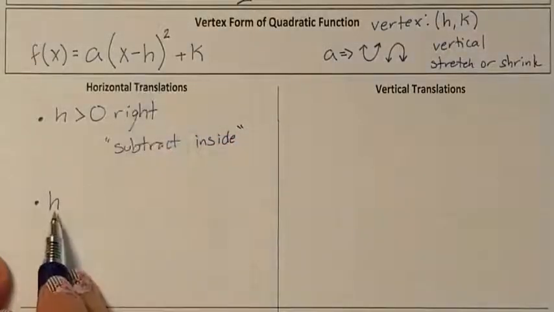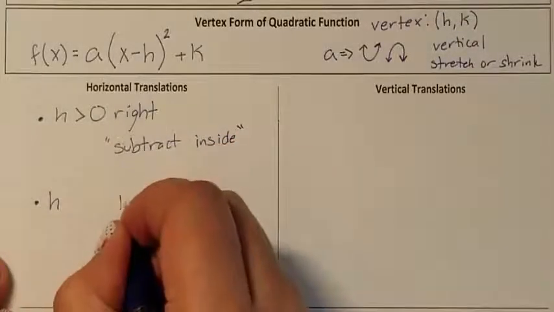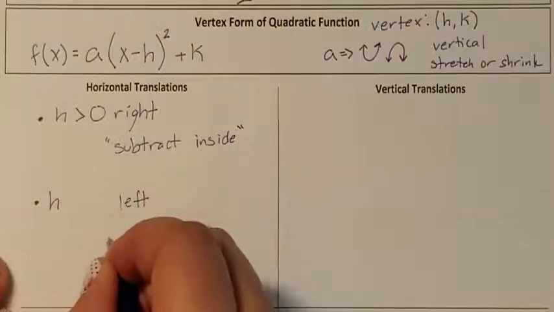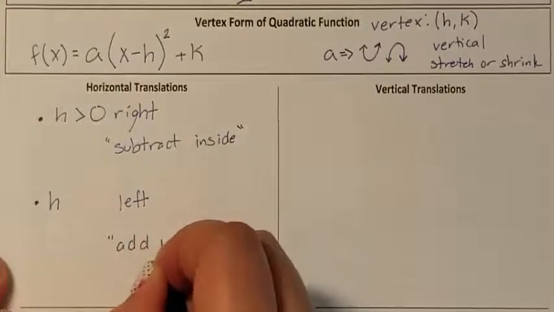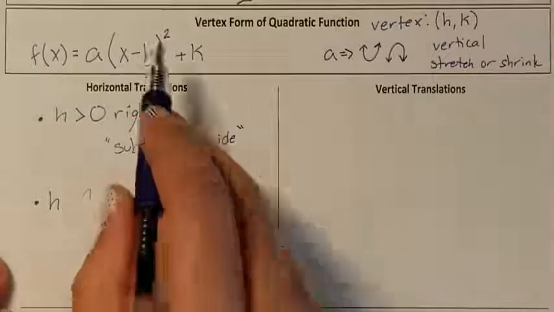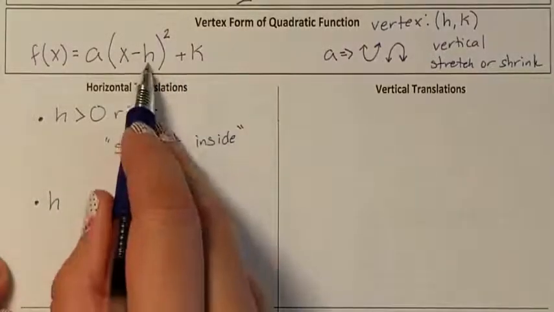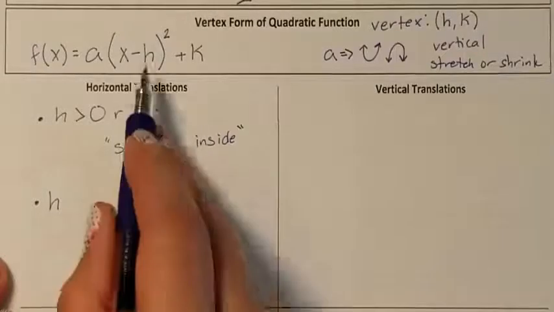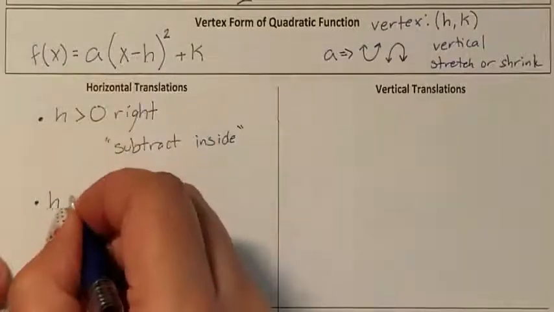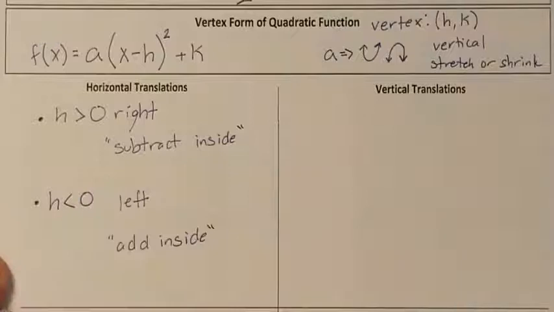Now, if I wanted to move to the left, you are used to seeing that as an add on the inside. We know that vertex form has to have a subtraction. So what number does h have to be so that it would turn into an add problem? It would have to be smaller than 0.